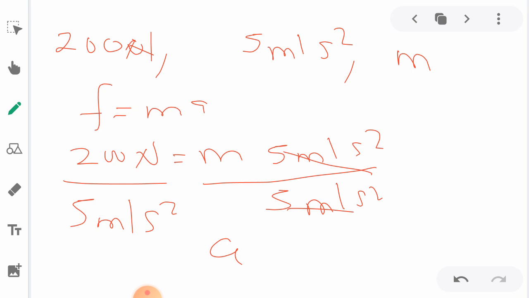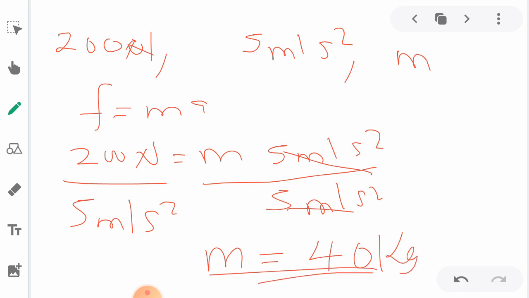So your mass will be equal to 40 kg. So you can also be taught to find the force given the mass. So that's simply on forces.